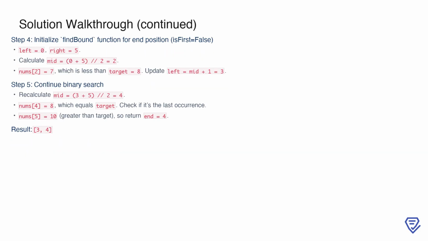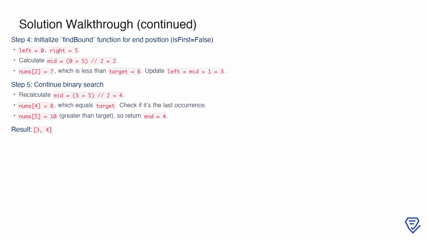Now, we initialize the findBound function again, this time to find the end position of the target by setting isFirst to false. The initial bounds remain left equals 0 and right equals 5. Calculating mid gives us 2, where nums[2] equals 7. Since 7 is less than the target, we move the search to the right half by updating left to mid plus 1, which is 3.